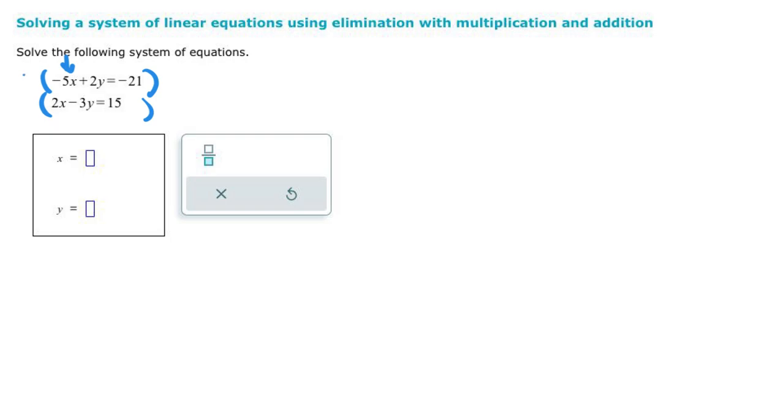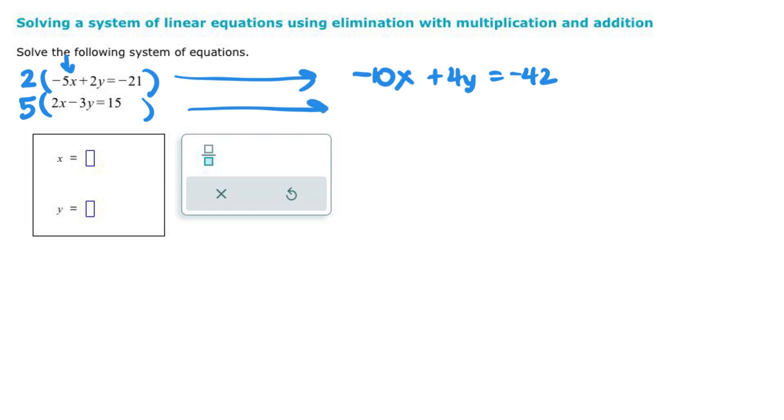So if I multiply my top equation by 2, that gives me negative 10x plus 4y equals negative 42. And if I multiply my bottom equation by 5, that gives me positive 10x minus 15y equals 75.